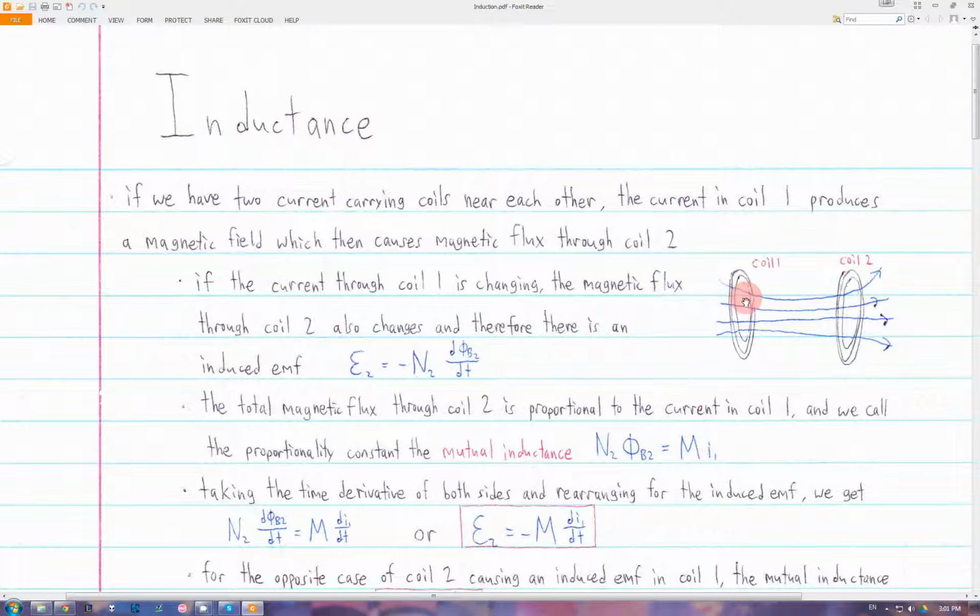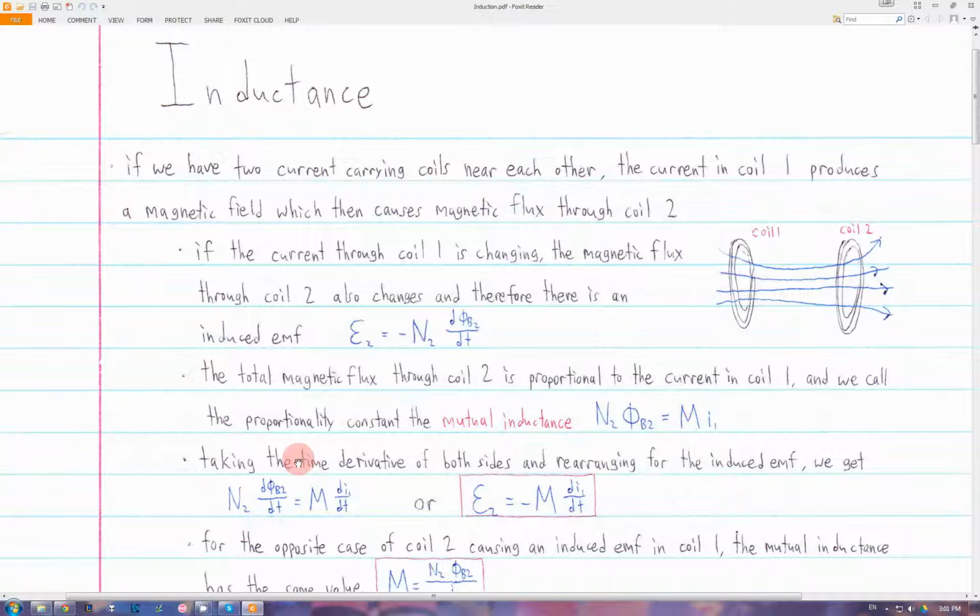Now this makes sense. If there's more current in coil 1, then the magnetic field is going to be stronger, and so the magnetic flux through coil 2 will be stronger as well. And we can call this proportionality constant the mutual inductance M.